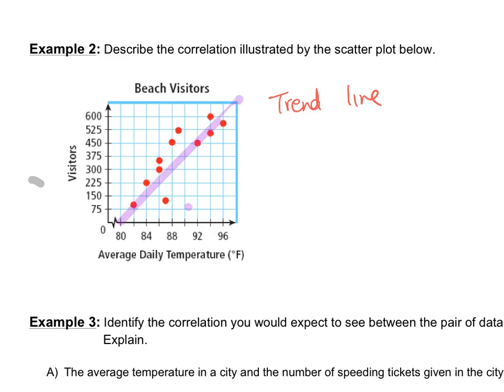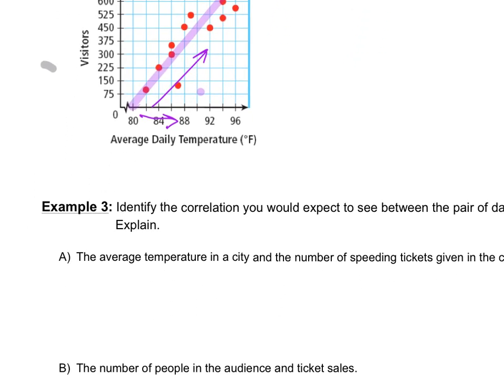Or maybe actually that one doesn't take as many, maybe something like this. So the trend line is demonstrating that from left to right, it's going up. So this would be considered a positive correlation.